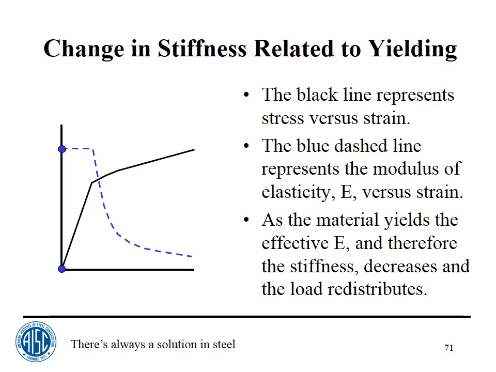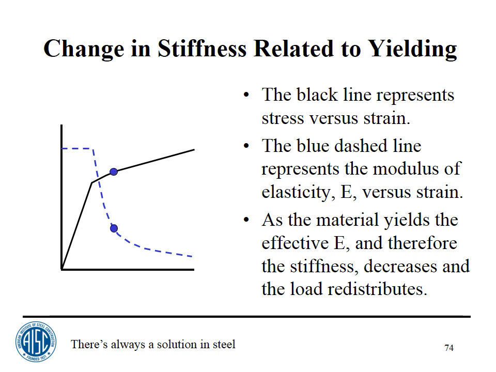This is a plot that shows the stress-strain curve for a linear elastic strain-hardening material, and what happens to Young's modulus, the modulus of elasticity. The blue is Young's modulus, and the black is the stress-strain law. As you start increasing the load, everything's linear and elastic to start with, but you reach the elastic limit.